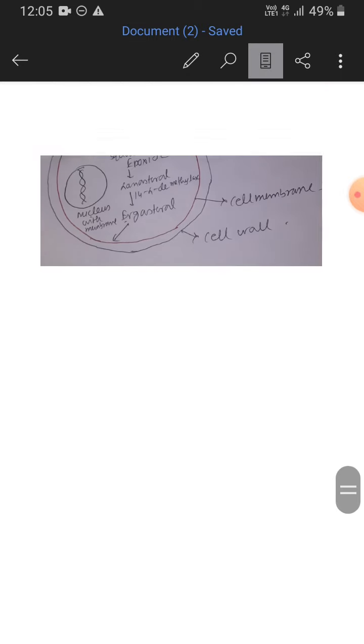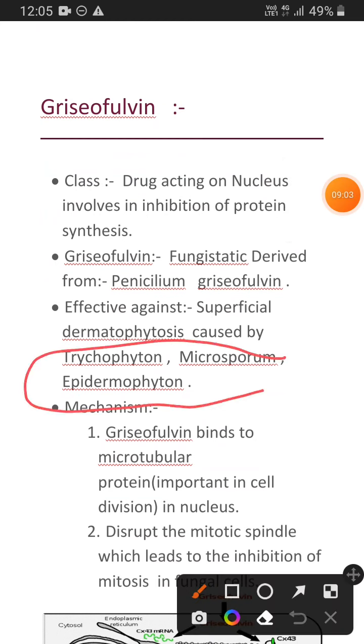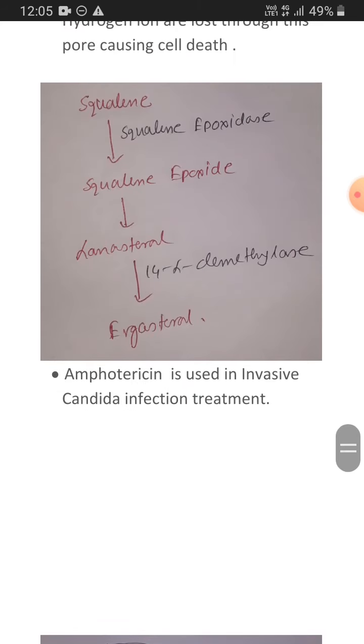Amphotericin B was effective against candidiasis. I hope you know this. And griseofulvin is effective against superficial dermatophytosis, with Trichophyton, Microsporum, and Epidermophyton involved in causing it. Then the mechanism is very important.